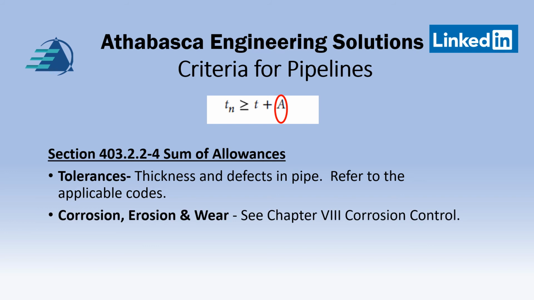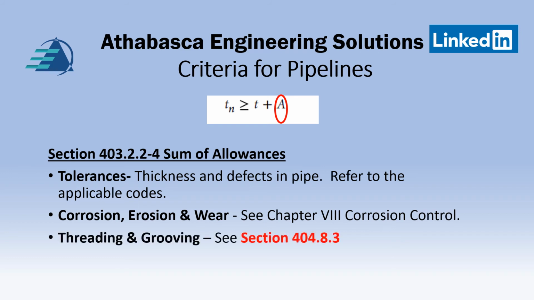Corrosion erosion allowance. There's a section called Chapter 8, corrosion control, because that can have an effect on reducing your corrosion allowance and the amount of entrained air in your system, and that's another factor to take into account.